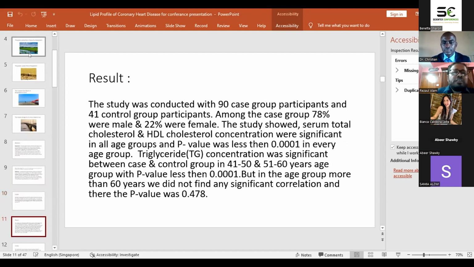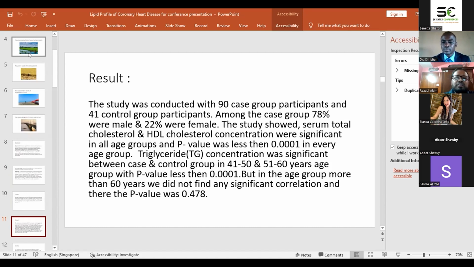The result. The study was conducted with 90 case group participants and 41 control group participants. Among the case group, 78% were male and 22% were female. The study showed serum total cholesterol and HDL cholesterol concentration were significant in all the age groups, and the p-value was less than 0.0001 in every age group.